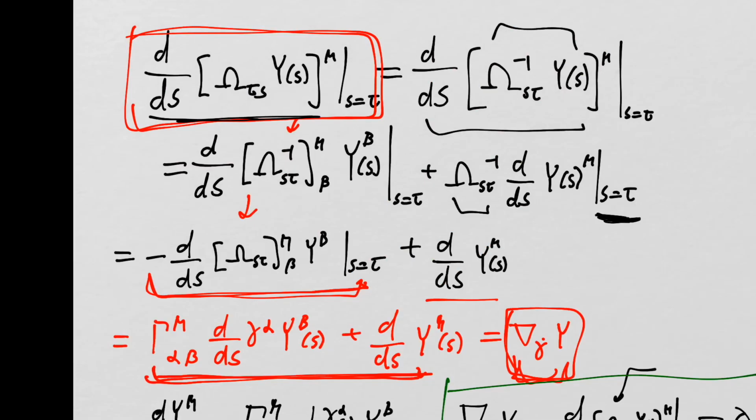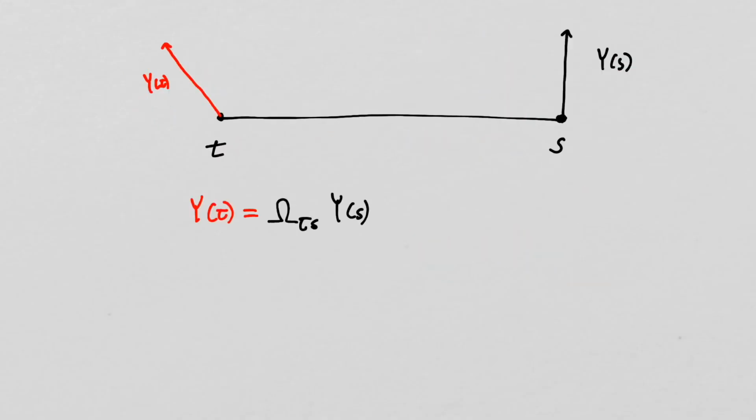So when we look at this expression here, let me write that down again over here. It will be d by ds of omega st inverse of y.